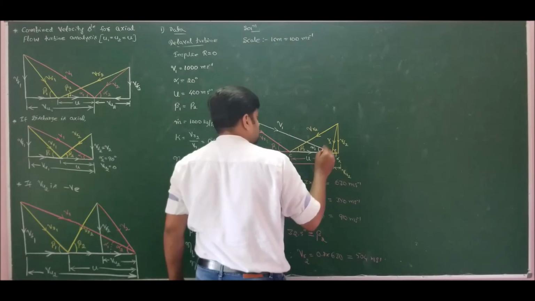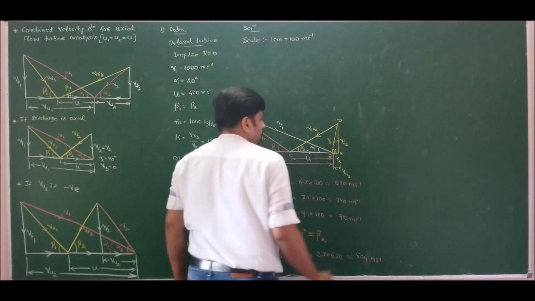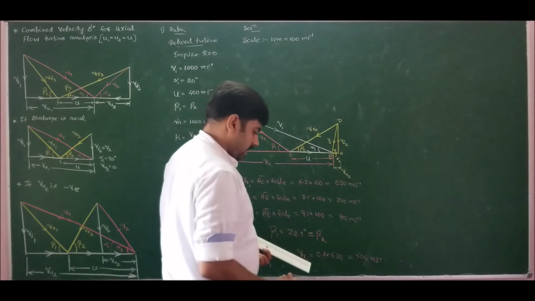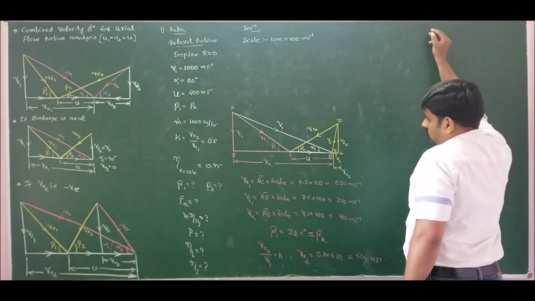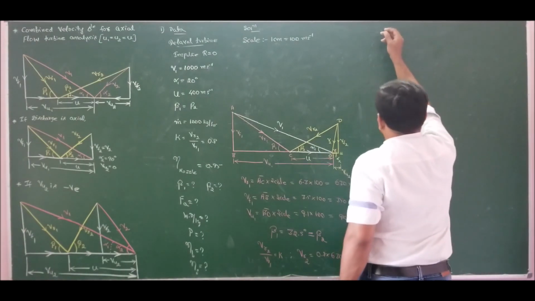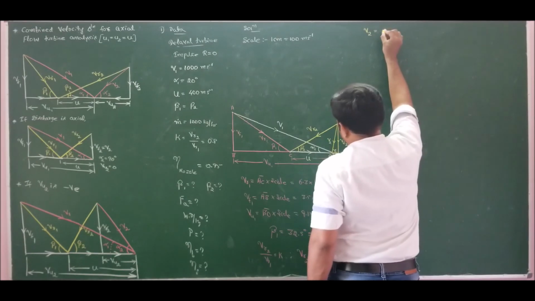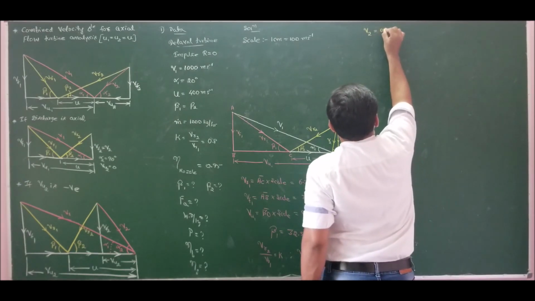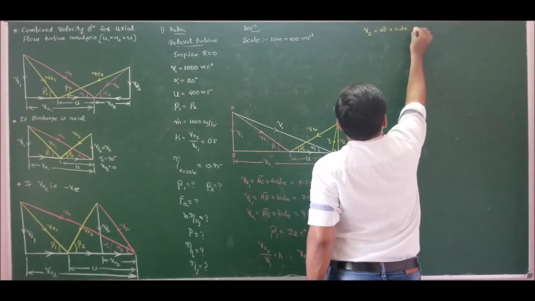Let me mark this as B and E. So now if I calculate, I will get V2 as V2 is equal to line length OD into scale.